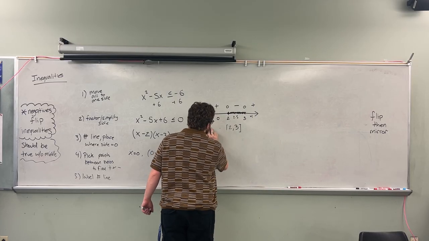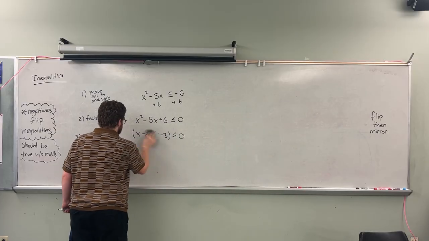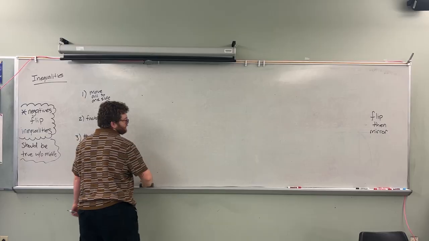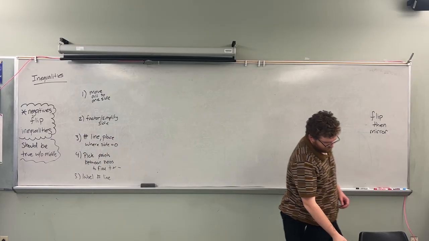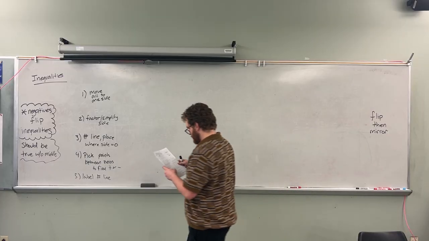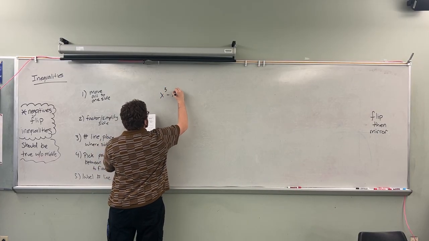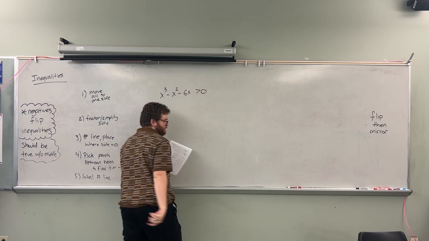We'll do another example of a nonlinear inequality to iron it out a little bit more. So for instance, I have x cubed minus x squared minus 6x is greater than 0.